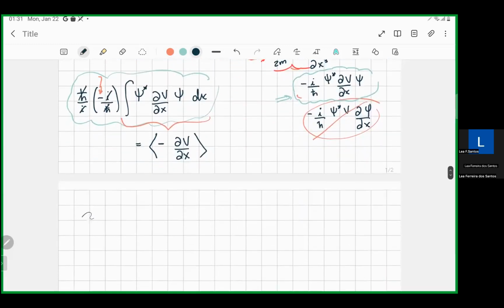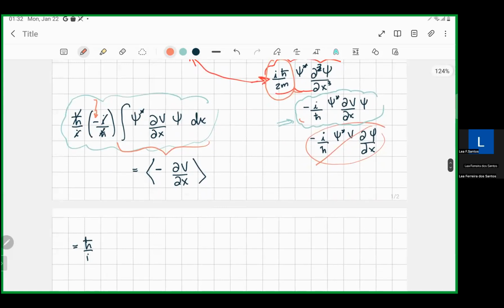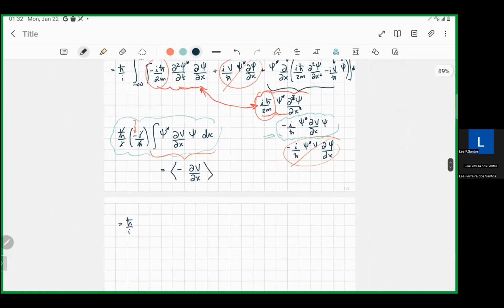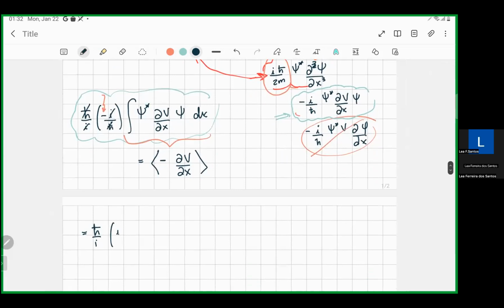So we have that h bar over i. Both terms have i h bar over 2m. One is negative and the other one is positive. So let me put this term here. i h bar over 2m.